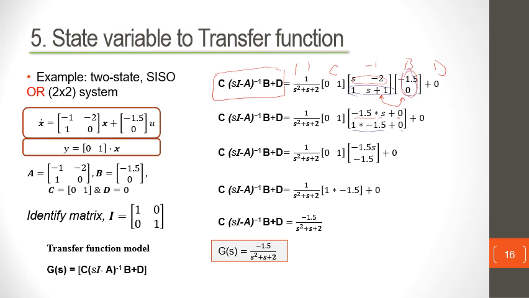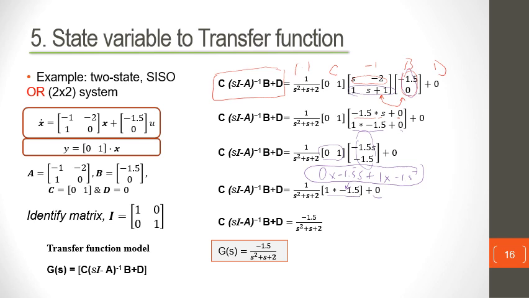And that computation together gives us -1.5 S, and at the bottom it's -1.5. Now the next calculation would be to do this single row by that column, which is the next multiplication. So we have 0 times -1.5 S plus 1 times negative 1.5, and because this one becomes 0, it gives us 1 times negative 1.5. So we have negative 1.5, because this is 0, it falls off.